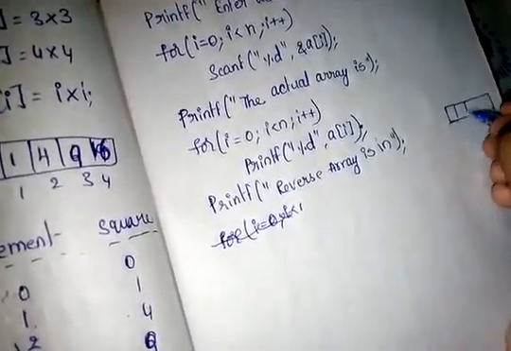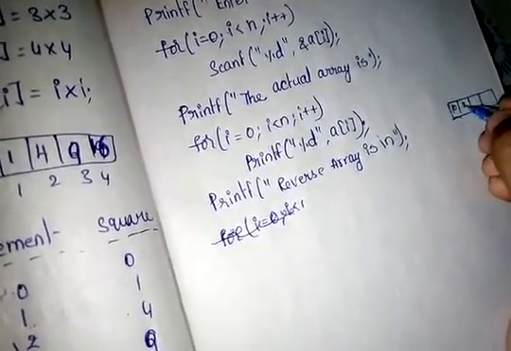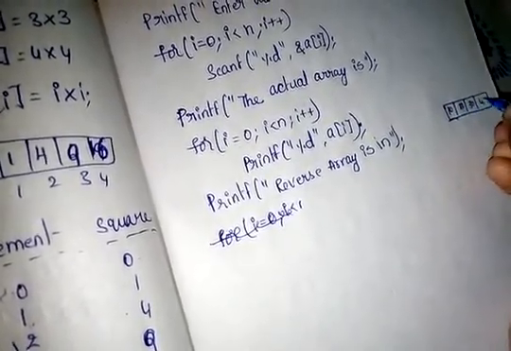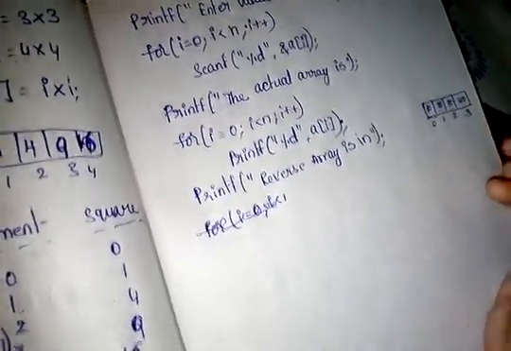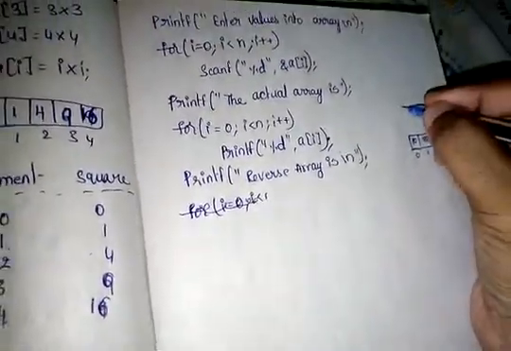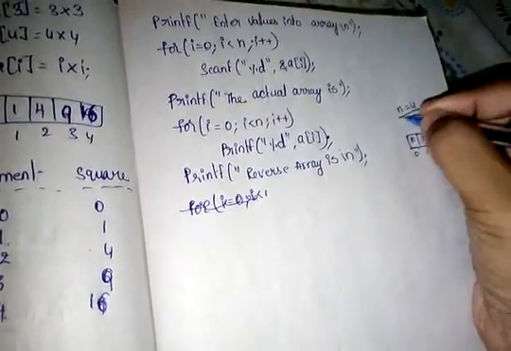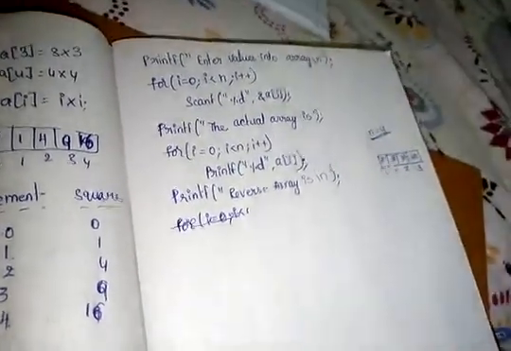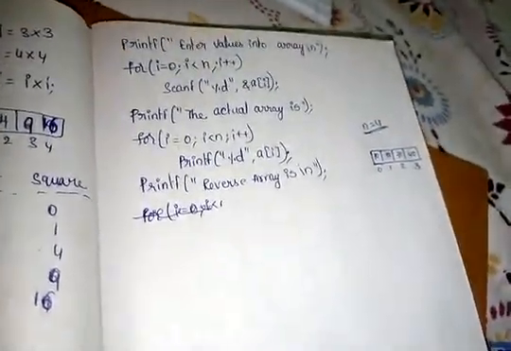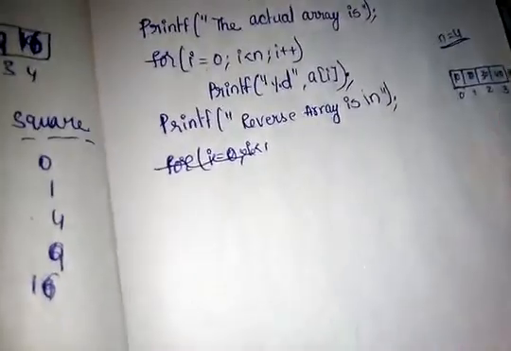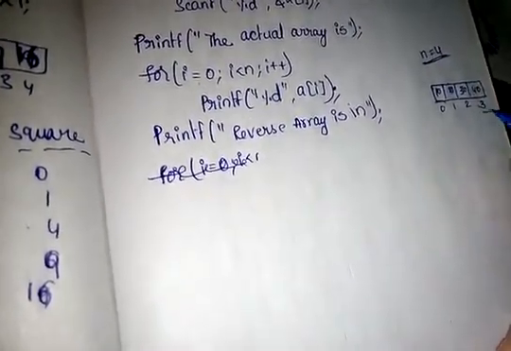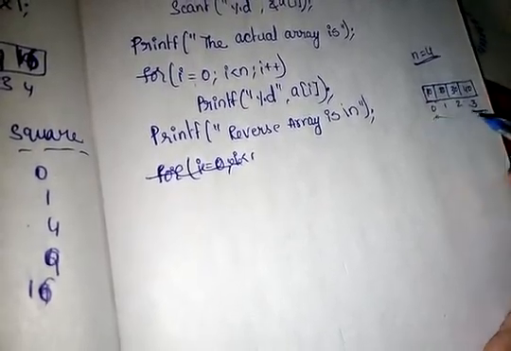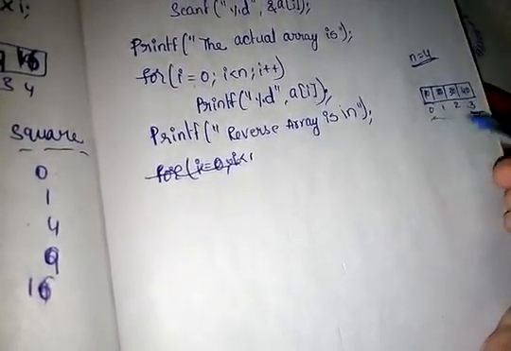So if these are your elements 10, 20, 30, 40, and these are your indexes 0, 1, 2, 3. Say for example n is equal to 4. I have given 4 elements. So I have entered 10, 20, 30, 40 into the array. Now I need to print the elements from the last one as the first element, in reverse order.